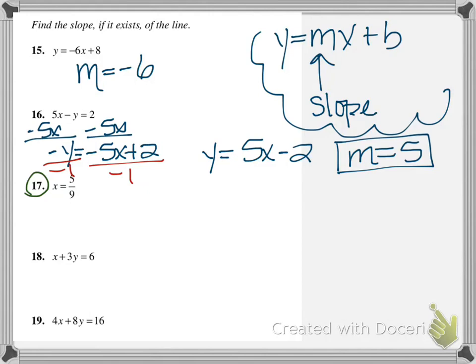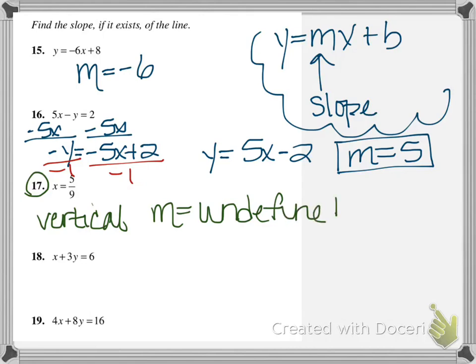Well, if it's x equals, that means it must cross the x-axis, so that makes it a vertical line. And vertical lines have an undefined slope. If it was y equals 5/9, then it would be slope of 0 because it'd be a horizontal line.